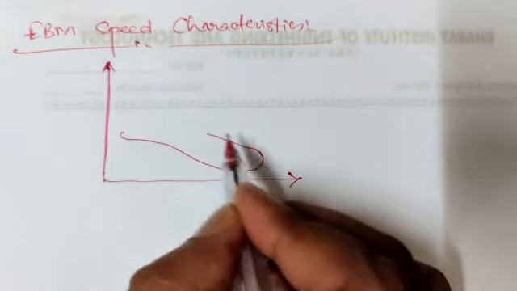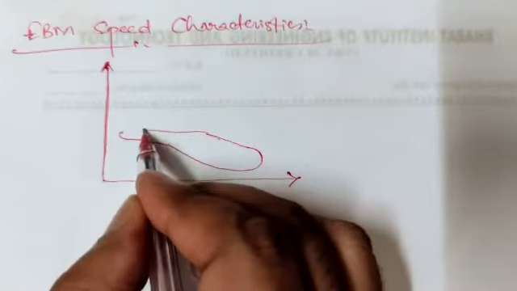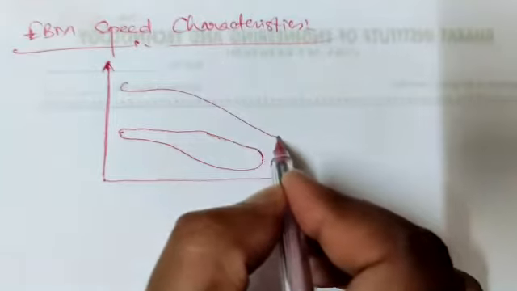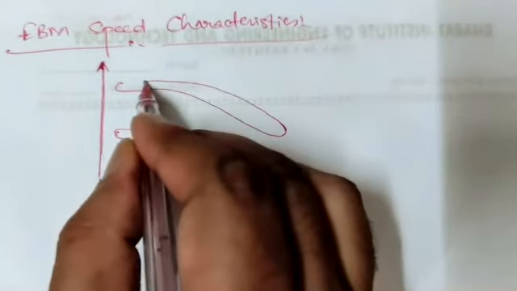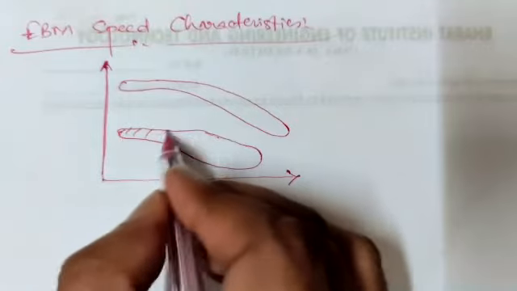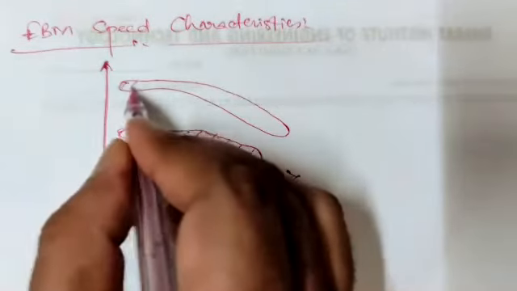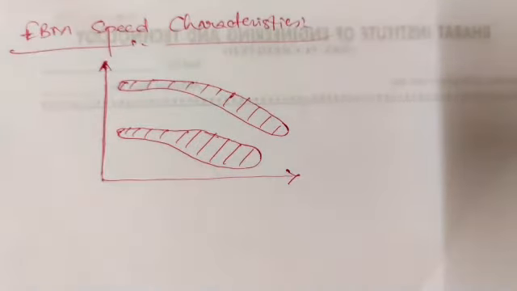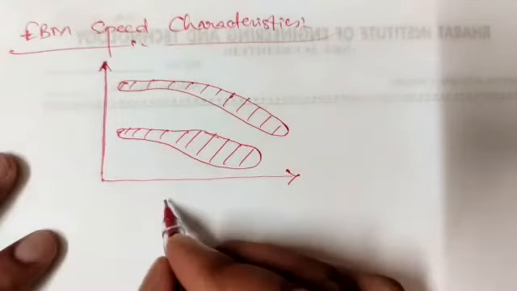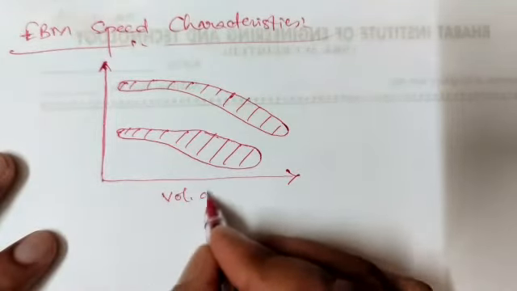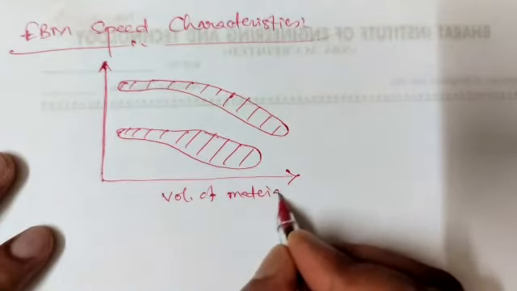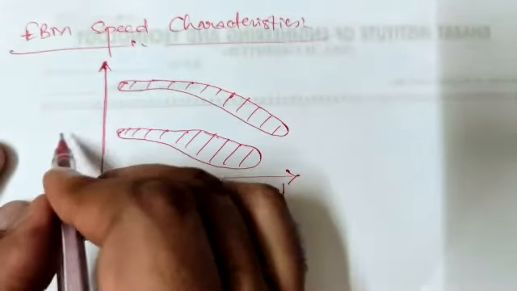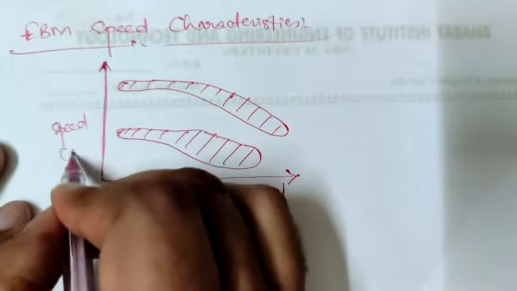One spot is this one, and another spot will be something like this. Okay, right. So here on the x direction you can say volume of material or spot size, and on this side you can say speed, n.